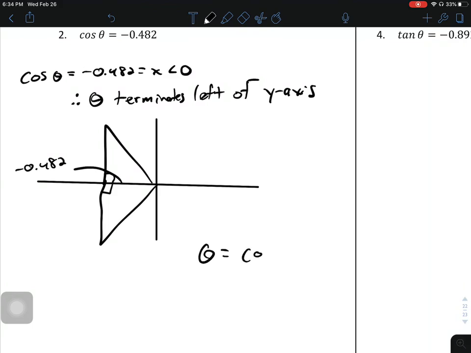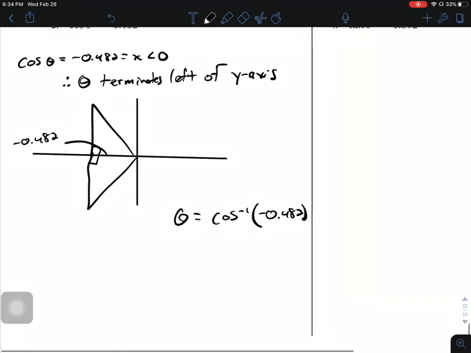Theta is going to be cosine inverse of negative 0.482. Put that in your calculator, you're going to get 118.816 degrees. Now that's going to be this one here. What does that make the reference angle?